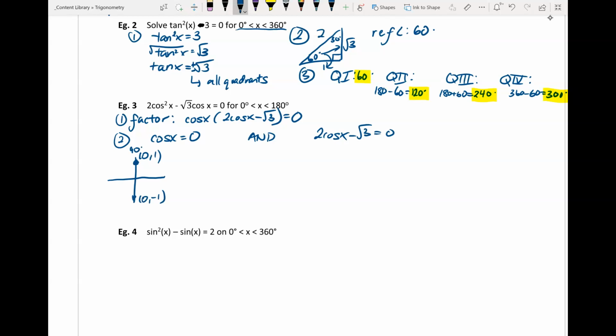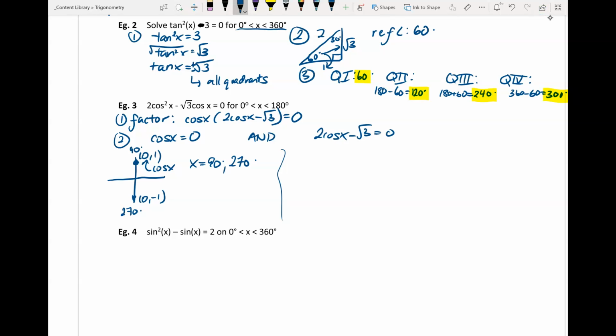So this is 90 degrees, and this is 270 degrees. And remember that cos is the first coordinate of our unit circle. So that means x is equal to 90 degrees, and x is equal to 270 degrees.